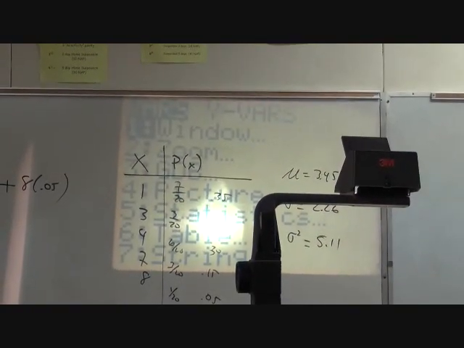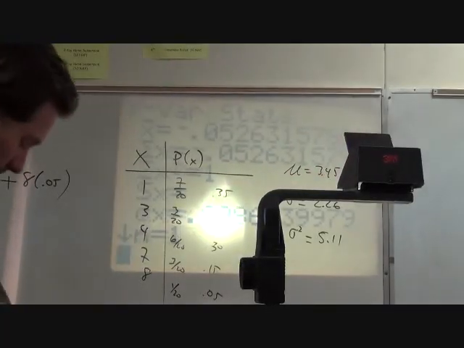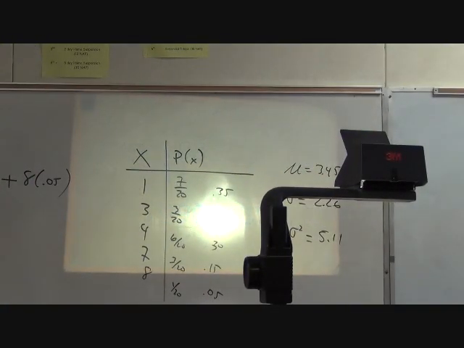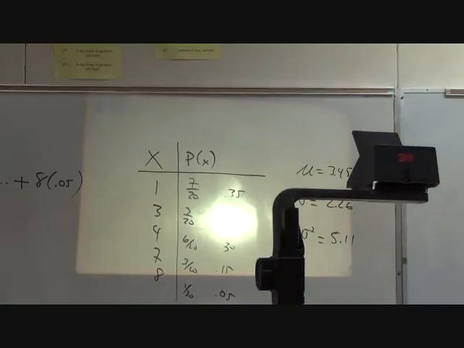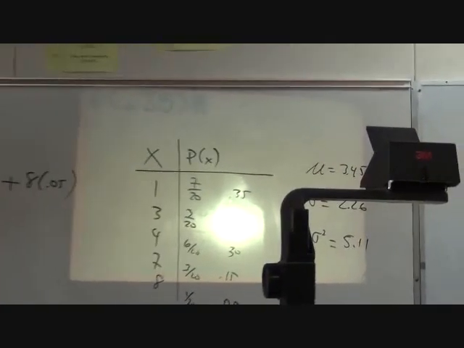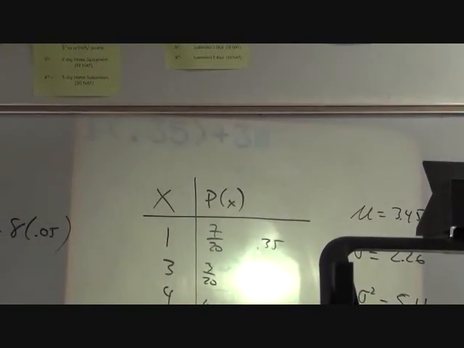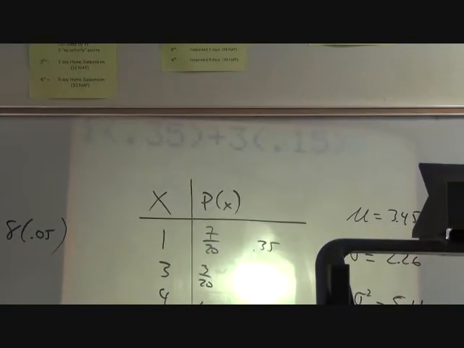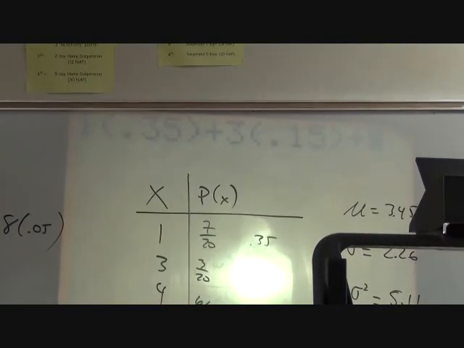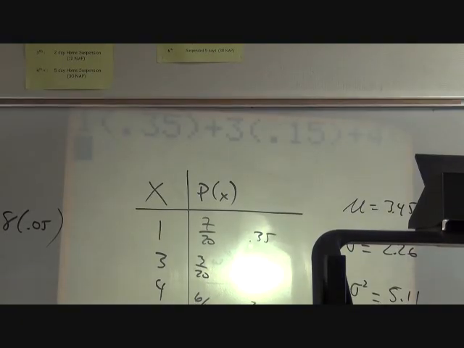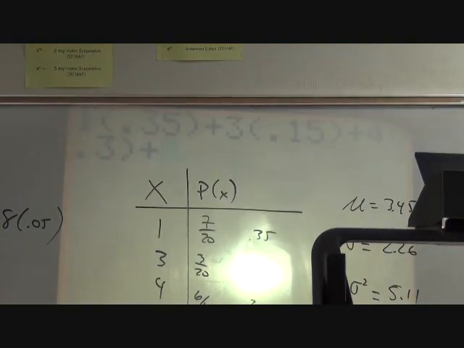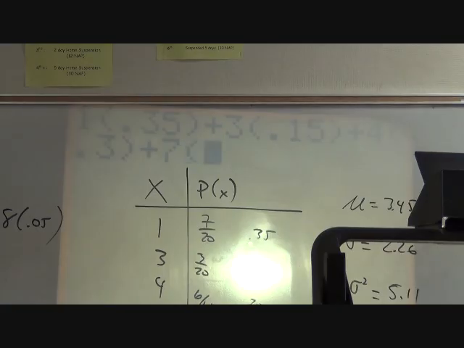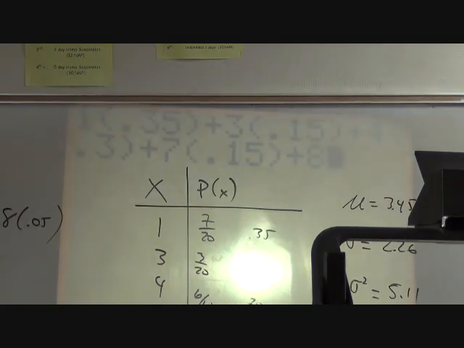So, 1 times 0.35 plus 3 times 0.15 plus 4 times 0.3 plus 7 times 0.15 plus 8 times 0.05. And if I enter those right, blammo, it works.